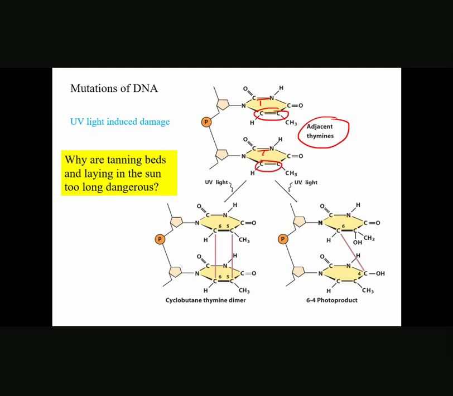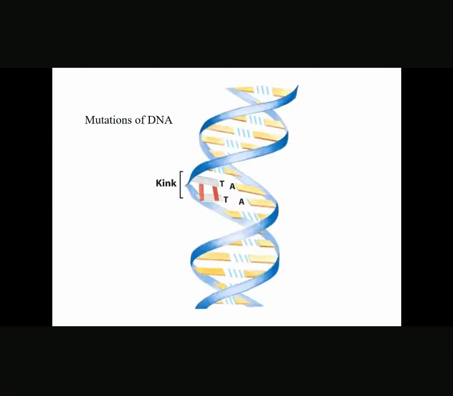So if we have two bases next to each other and a photon of light hits this just right with the right UV wavelength, it can cause this dimerization. It's like fusing two of your bases together. It puts this gigantic kink in the side of your DNA. That would be catastrophic if the DNA was to go into replication. That's got to get fixed.